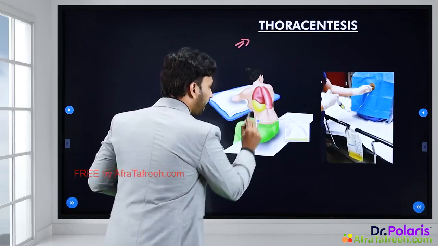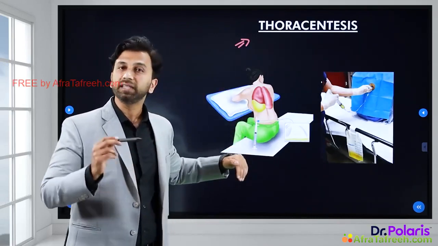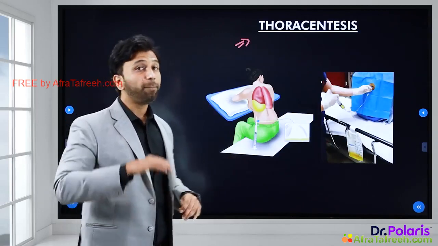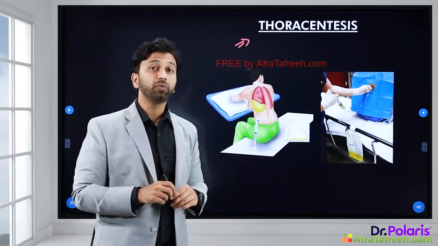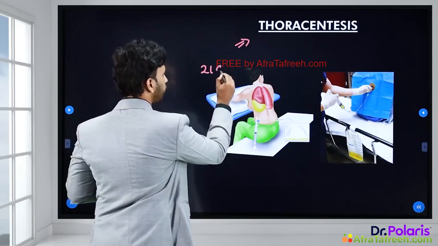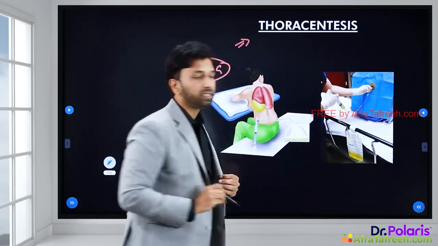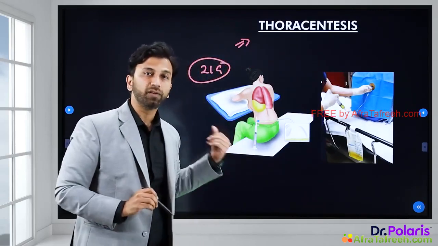So either in the mid-axillary line or the posterior axillary line, anywhere between the 7th and the 9th rib, on the upper border of the lower rib, you can use a 21 gauge needle and puncture in the intercostal space till you get a pleural fluid.